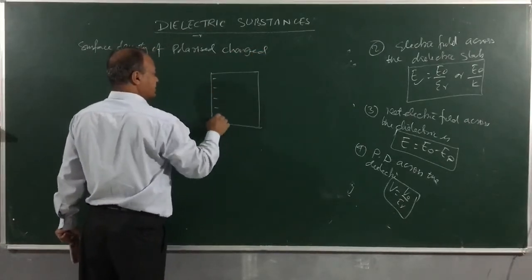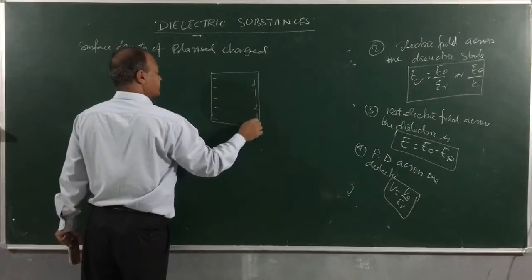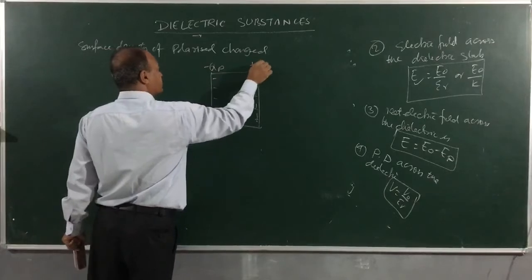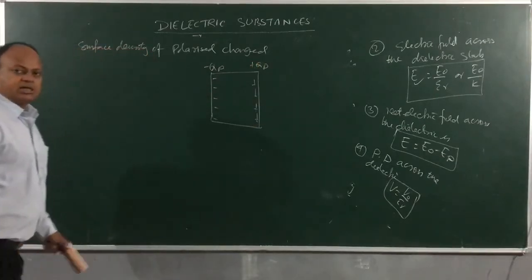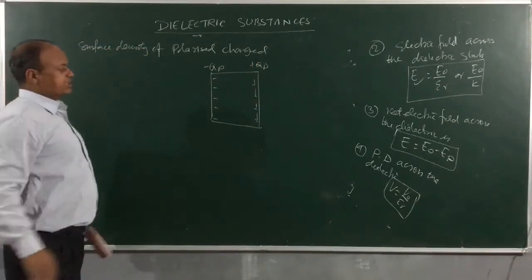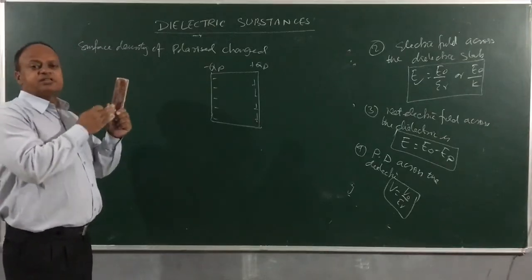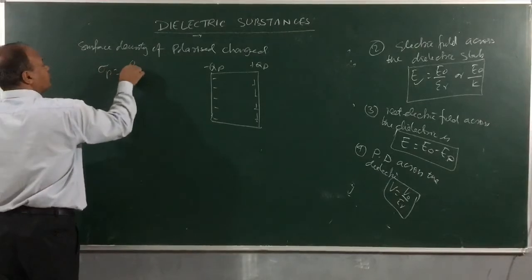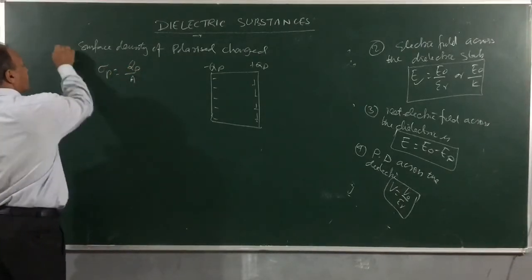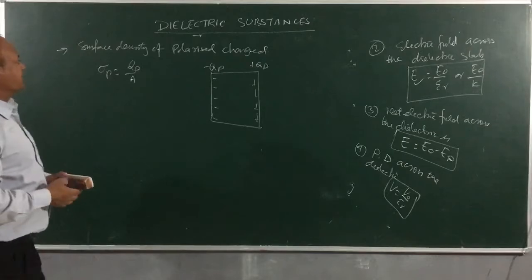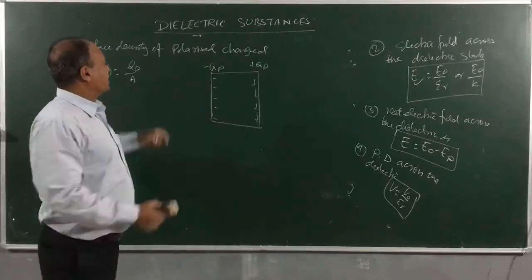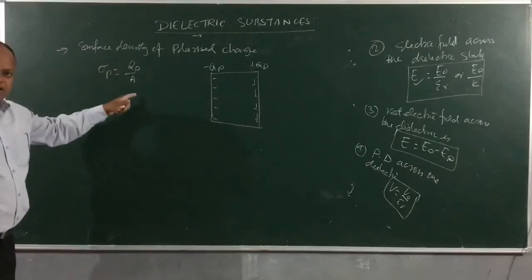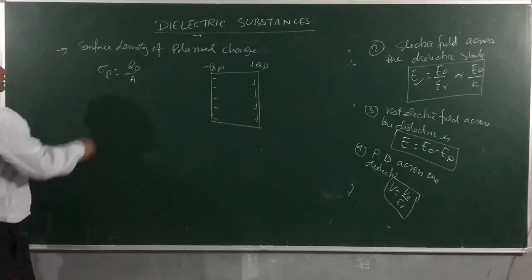For example, this side is negative and this side is positive, and we said this is minus QP and this is plus QP. Right? Now, if these charges are distributed here on surface area A, then sigma P will be equal to QP by A. Clear? So, surface density of polarized charge, sigma P is equal to QP by A, where A is the surface area.